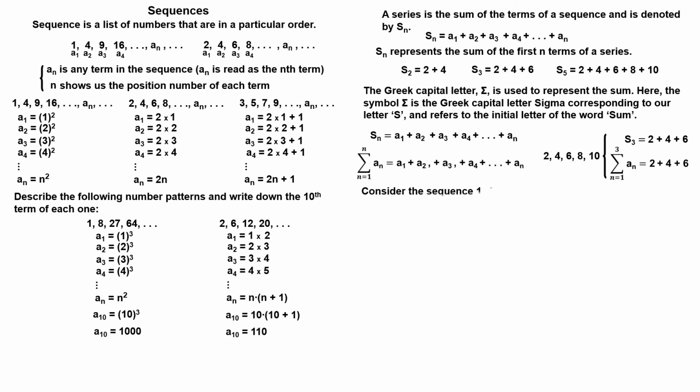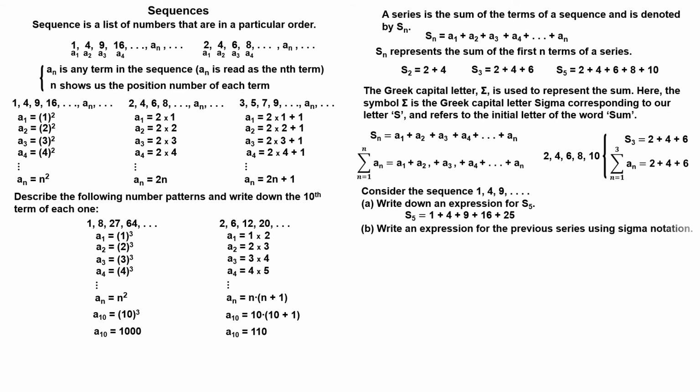Consider the sequence. Write down an expression for S sub 5. We have to write an expression for the sum of the first five terms. Write an expression for the previous series using sigma notation.